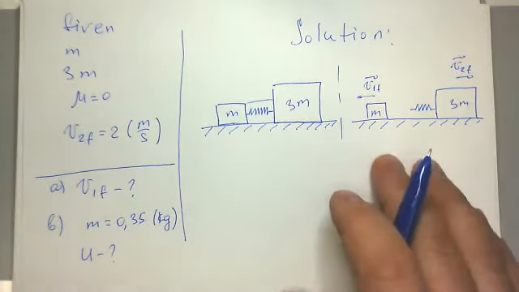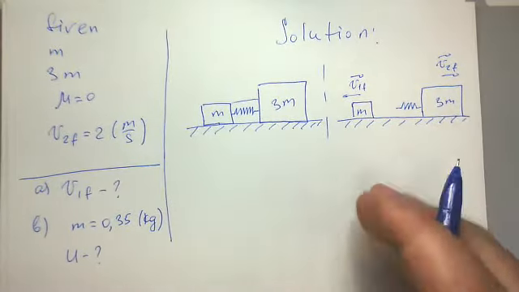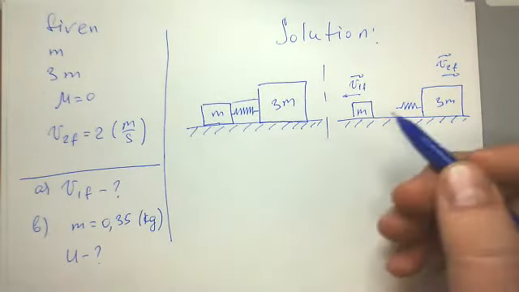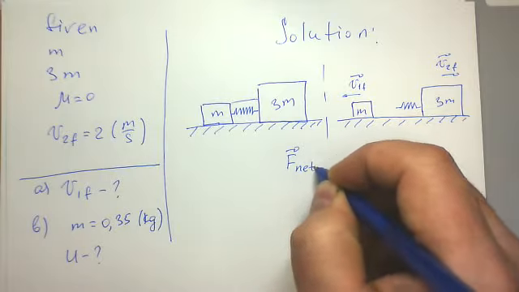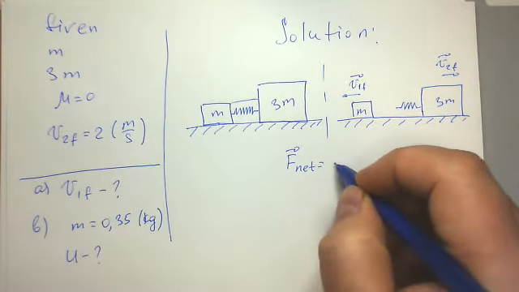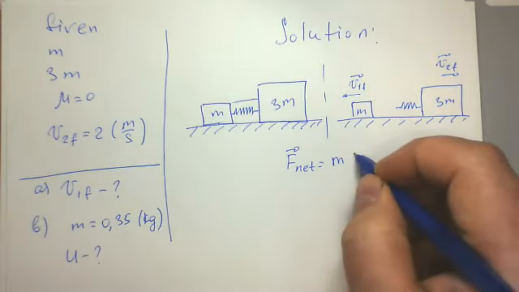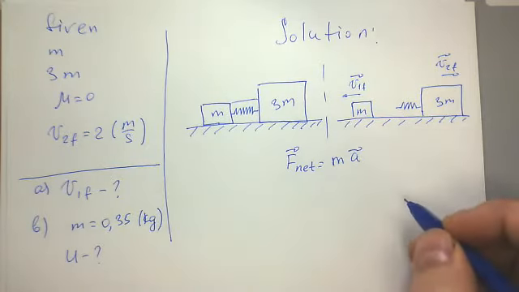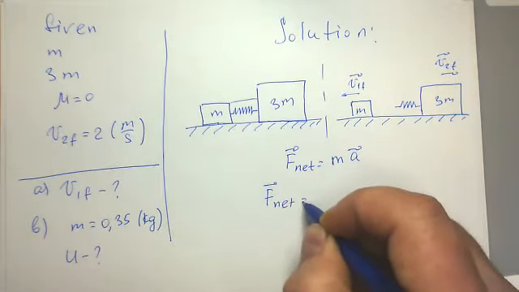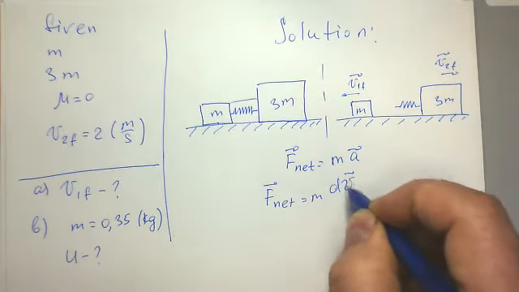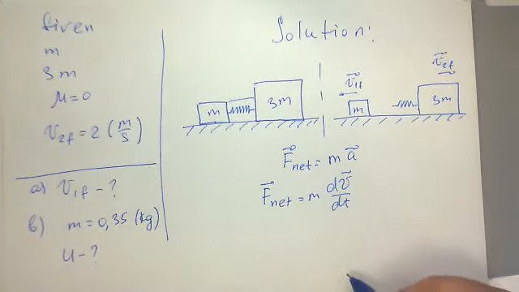So before we start solving this problem, let me briefly remind you that according to Newton's second law, if there is some external force acting on the system, let's call it F net, the system or the object will move with some acceleration. But acceleration, net or external, is a change of velocity, dv/dt.